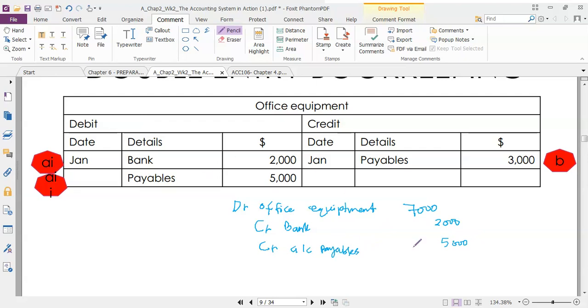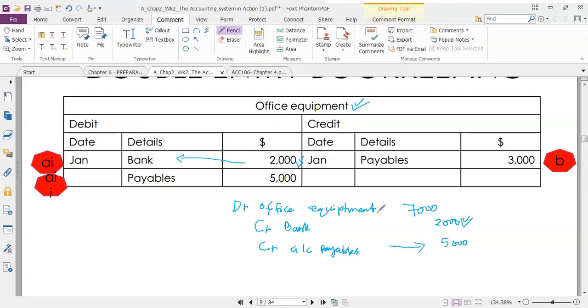So that is why, look at the office equipment T account. We have bank. Debit for office equipment 2,000. The detail is bank.